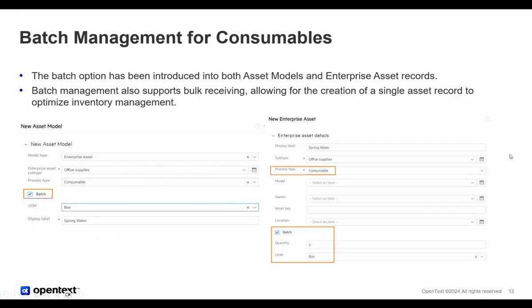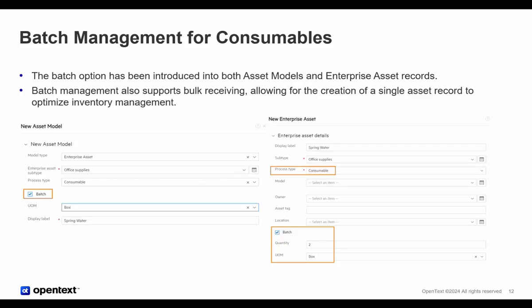And the next improvement around enterprise asset management is about batch management, especially for the consumables. As you know, in enterprise asset, out of the box, we introduced three process types for the enterprise asset: stationary, full life cycle, and consumables.